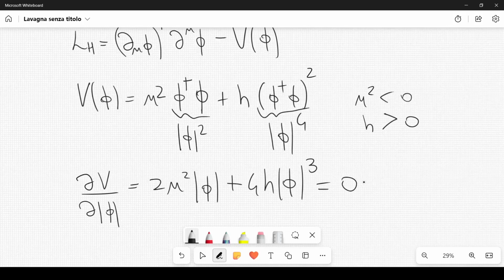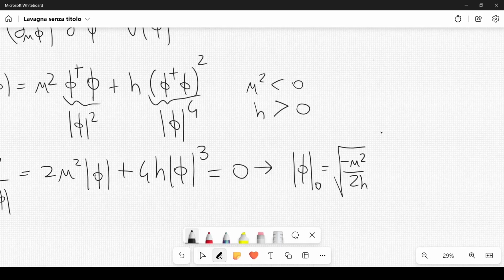If we set it equal to 0, we find that the minimum value for φ, which we call |φ₀|, is equal to the square root of minus μ² divided by 2h. Simple as that. And we define this to be v, another constant greater than 0, divided by the square root of 2.